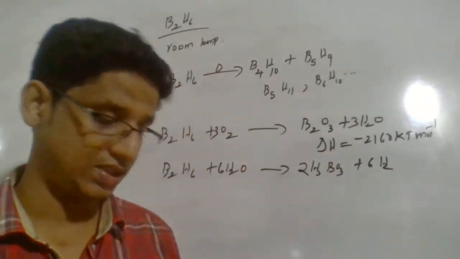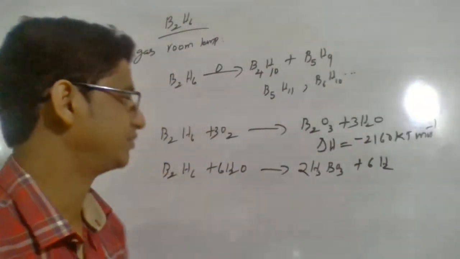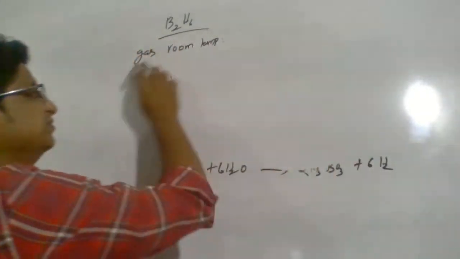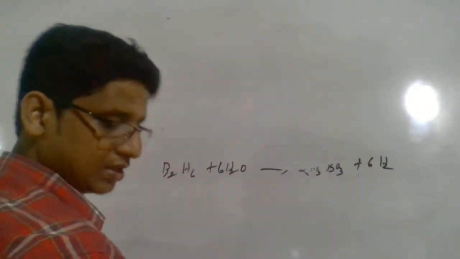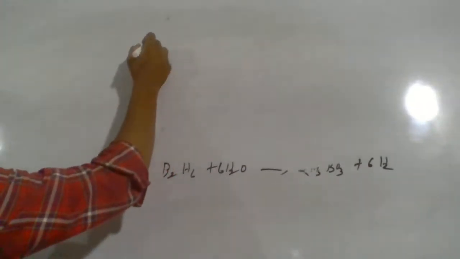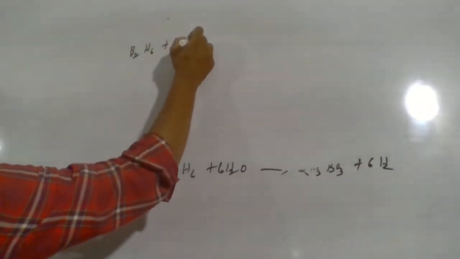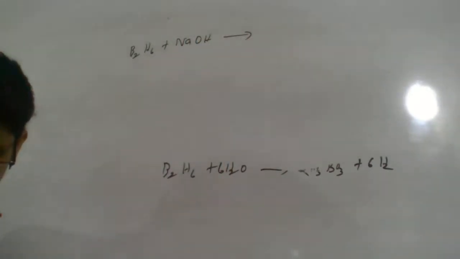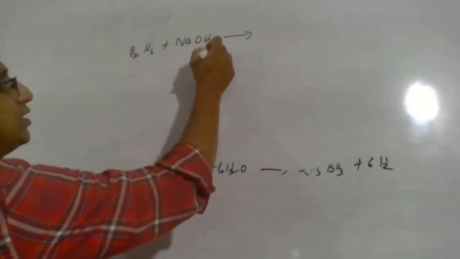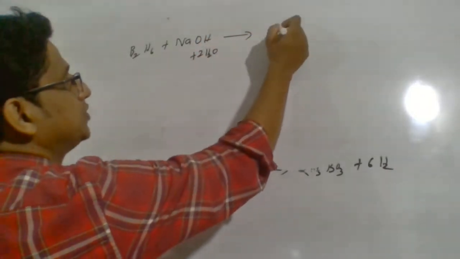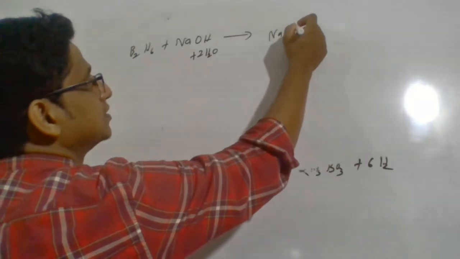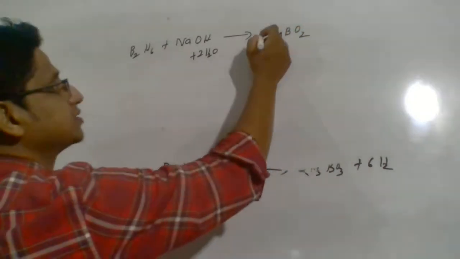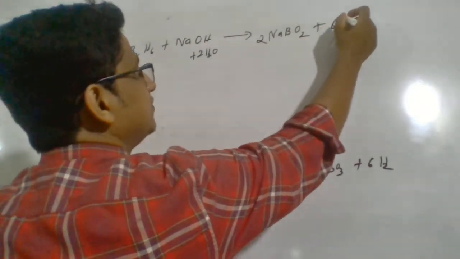Talk about reaction with alkali. Yes, it does react with alkali. Take sodium hydroxide as one of the examples. Diborane reacts with sodium hydroxide in presence of water to give sodium metaborate, NaBO2, and hydrogen will be released.